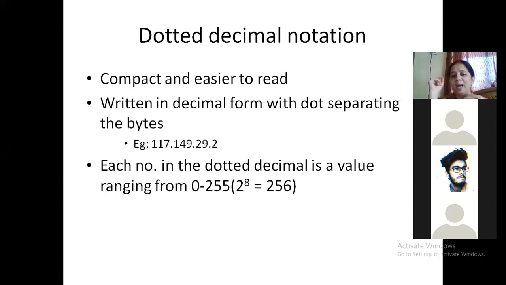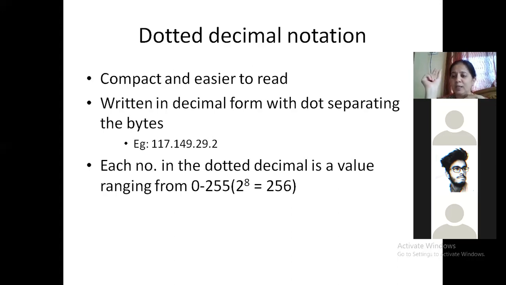Okay. So every IP address, remember these points. Every IP address is 32-bit long. We make use of a dotted decimal notation. This dotted decimal notation is very easier to remember and read. In this dotted decimal notation, the address is written in the decimal form with dots. Every byte is separated by a dot. Every byte means each of the 8 bits. So every byte will have a value ranging from 0 to 255 because 8 bits will be used for one part.